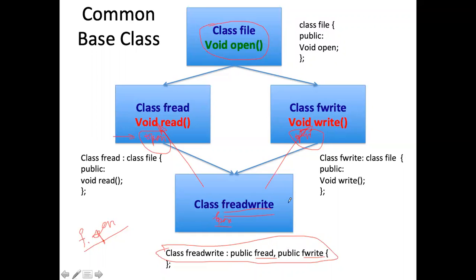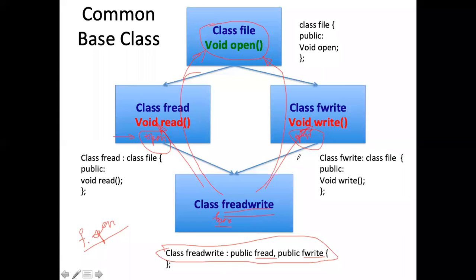In other words, if I want to access open, I can go via this route, or I can go via this route. So which route should I follow? Should I use this route to access open, or should I go via fwrite? The problem still persists.